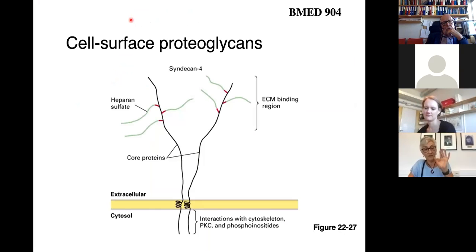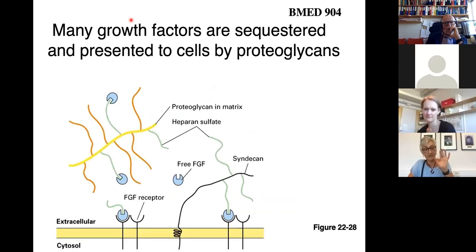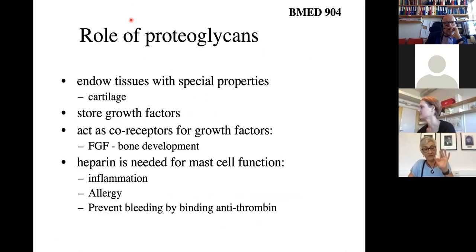Some types of proteoglycans also exist on the cell surface where they sit and bind growth factors and present them to the growth factor receptors. And you will hear more about this in the course.